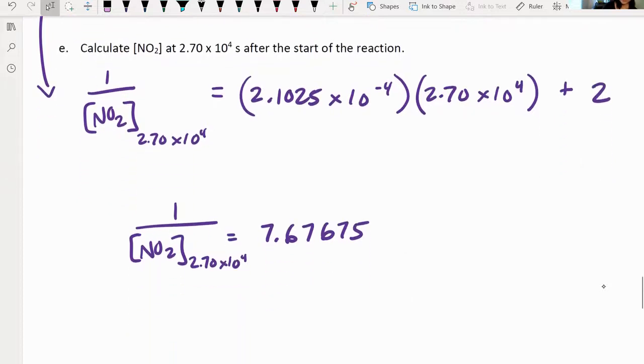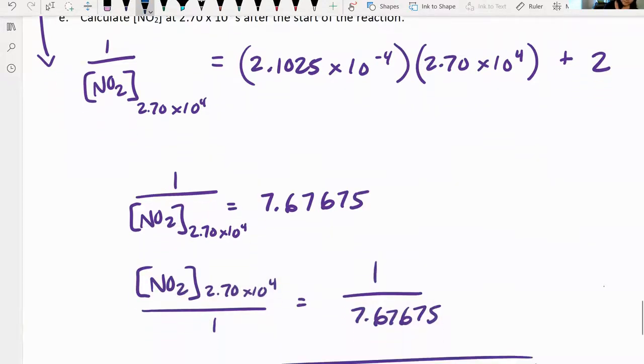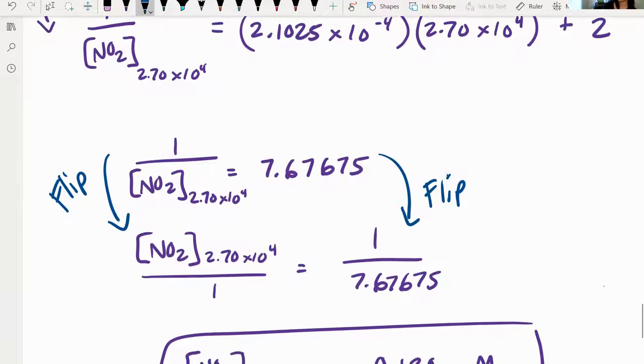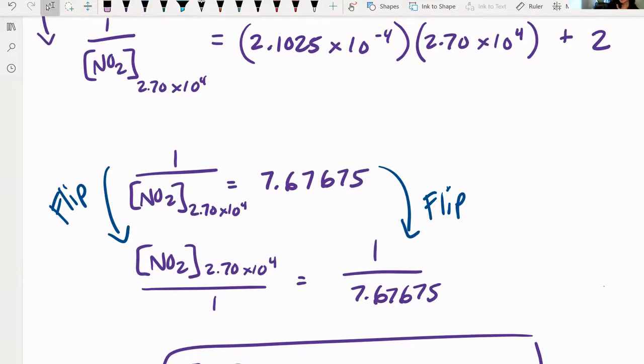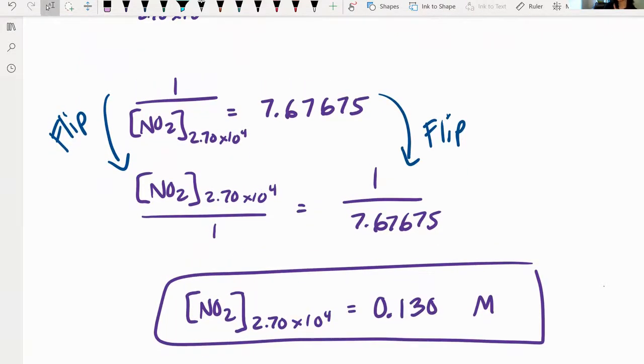So when you flip, you're going to end up putting NO2 over 1. But if I flip the left-hand side, I got to flip the right-hand side. Take the reciprocal of it. So the concentration of NO2 is equal to 1 over the 7.67675. Solve for that, and you're going to get a concentration of 0.130 molar as your answer.